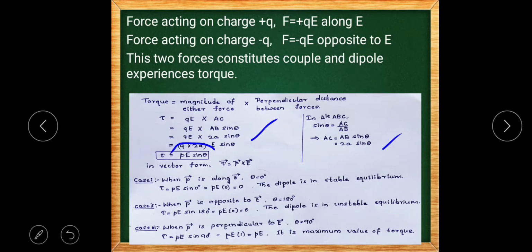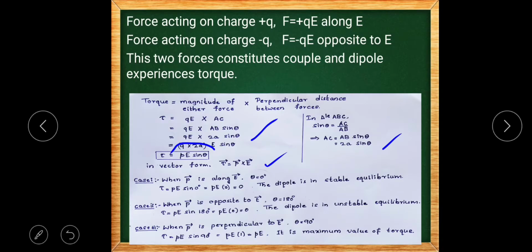Hence tau equal to PE sin theta. In vector form, vector tau equal to the vector product of P and E. Now consider cases. And also this is important for a 3 mark question.